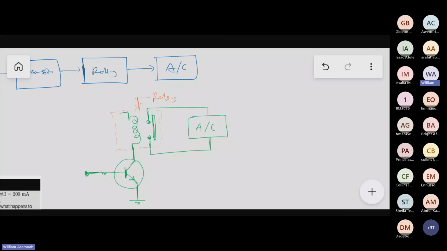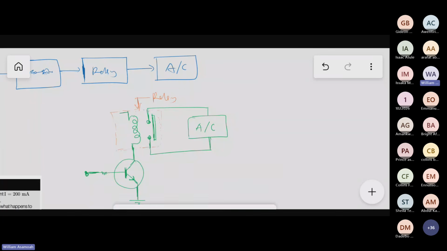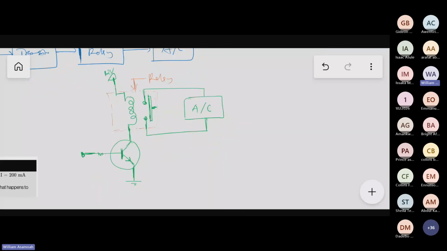So how it works is that this transistor would use small current to turn this one. Usually these are 12 volts. Whenever 12 volts pass through that coil here, it produces a huge magnet, and that magnet attracts this wire here so that it closes the circuit. So whenever current flows, it produces a magnetic effect that attracts this wire, and then it closes that circuit so that current is able to flow in that AC loop.